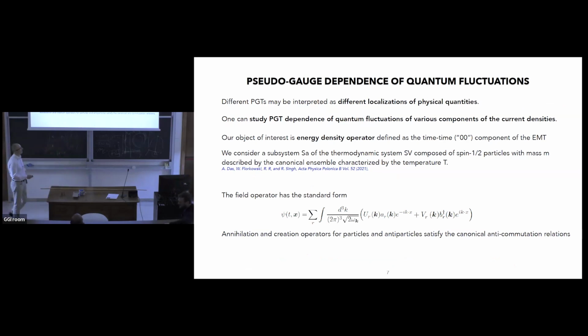Because what we got interested in some time ago, with Wojtek, was that you can actually calculate the fluctuations in such a quantum system. You can have different pseudo-gauges, and you can have as many as you like, not only those which I discussed.